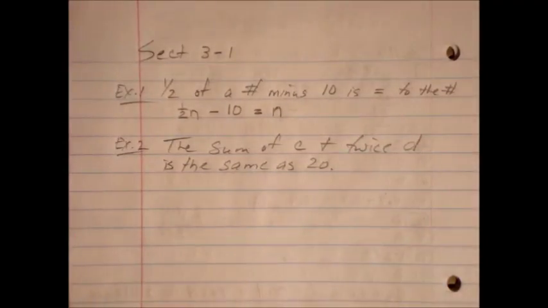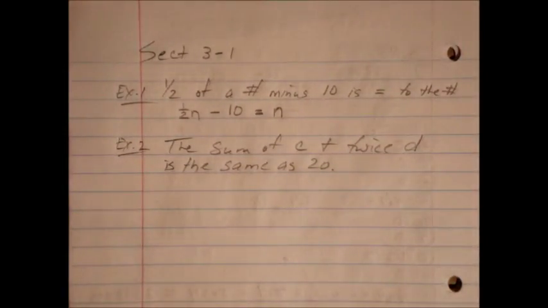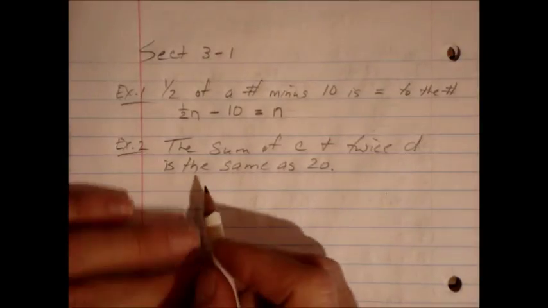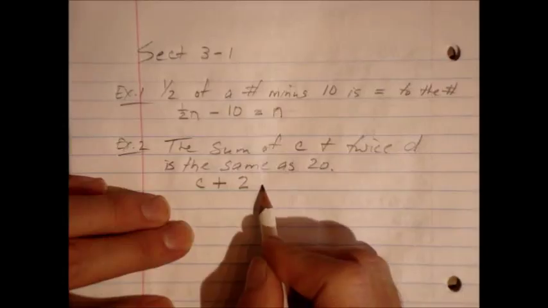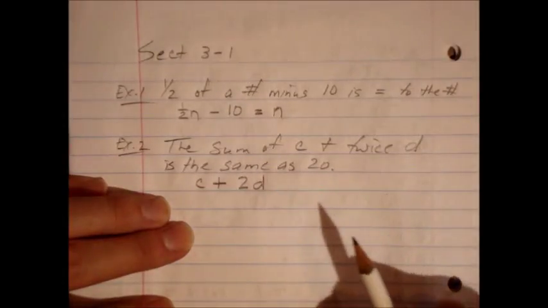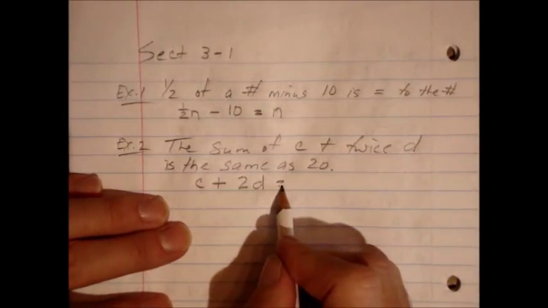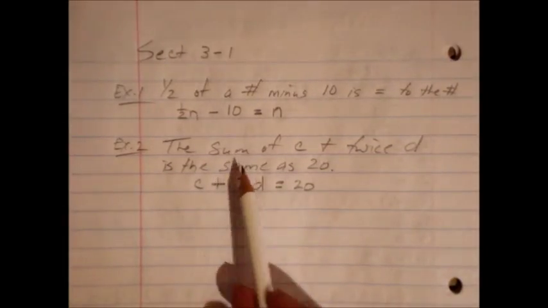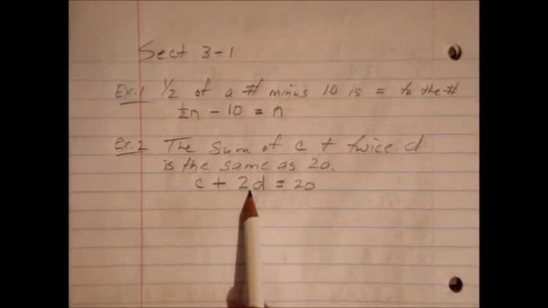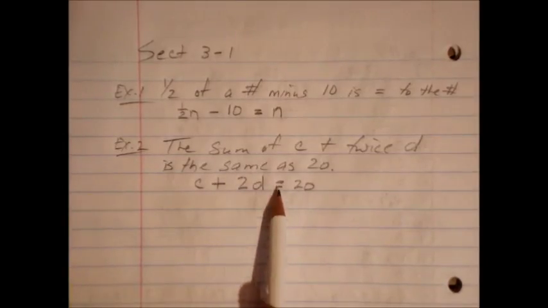What about that? c plus 2d equals 20. Okay. Sum does mean add. Twice d, so to do 2 times d, same as equals 20.